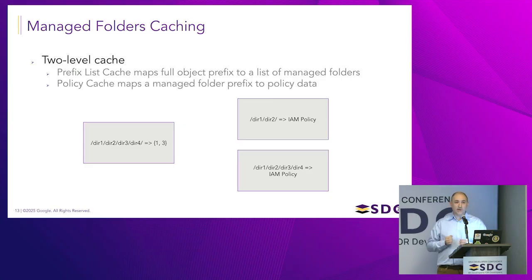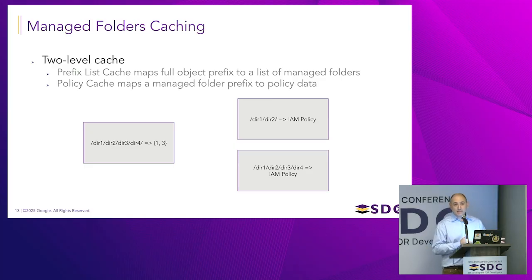Then we have a second-level cache, which maps the actual managed folder names to their IAM policy data. The reason we do this two-level cache is what we see in practice is customers typically access a single prefix at high load at the same time. You can imagine I have an analytics workload that is writing output files to a prefix.